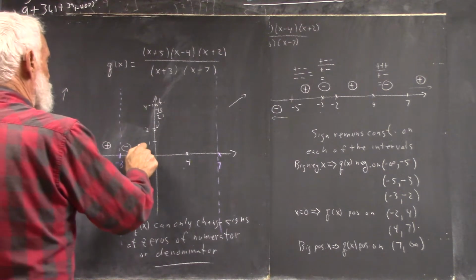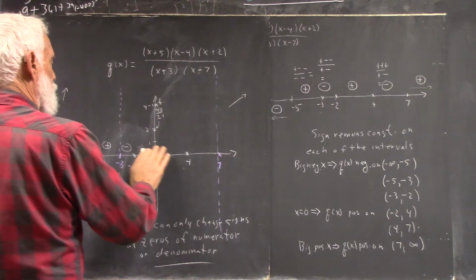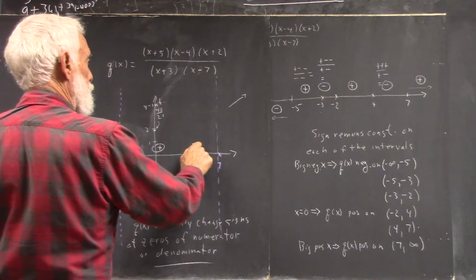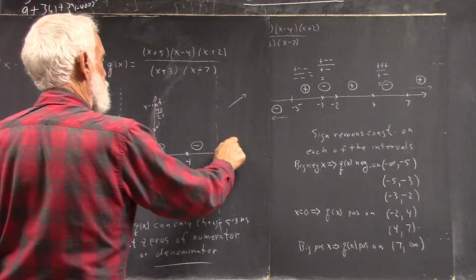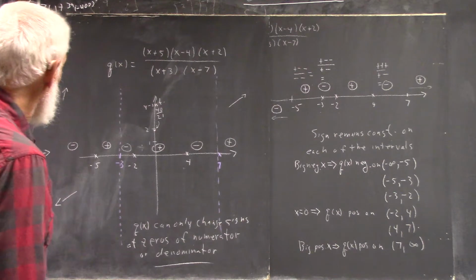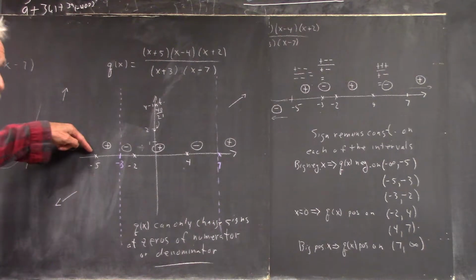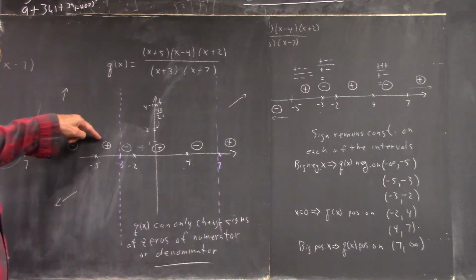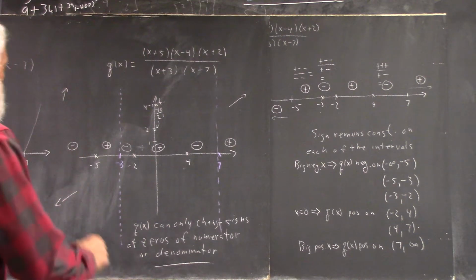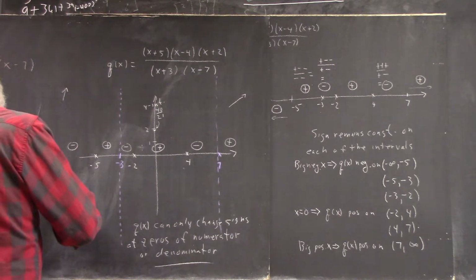I've got a positive here. Let's put it. I've got a negative here and a positive here. Put all that together. The graph is below the x-axis up to here, then it's above. And this is a 0, right? So it's going to come up here, something like this.